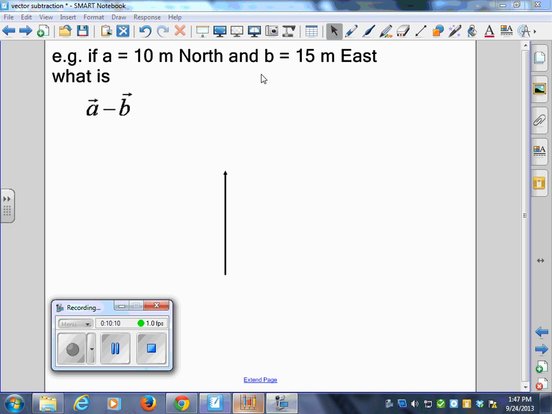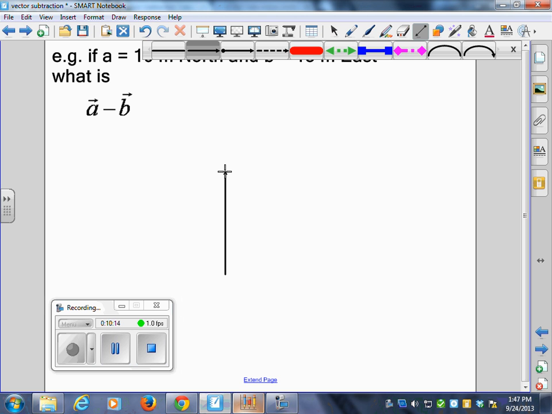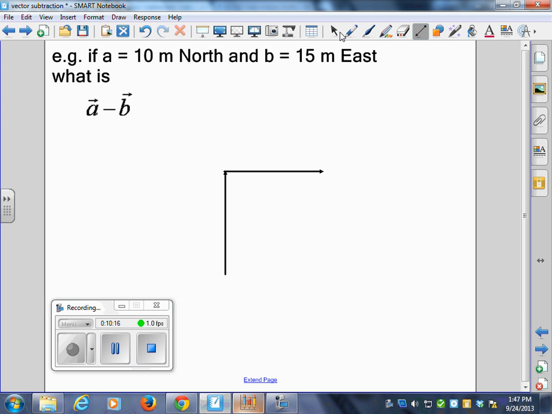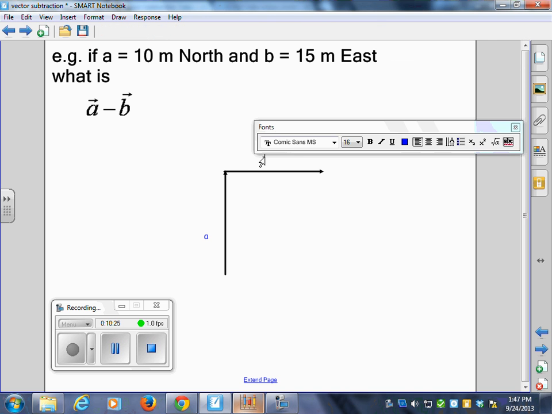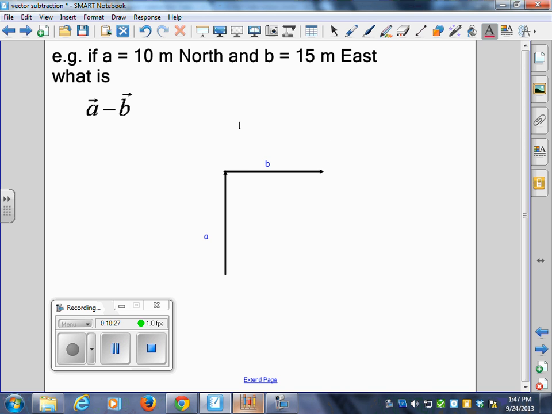Now, 15 meters east would be like that, right? So this is my A. Did you draw it already? No, because I've got to flip this one, don't I?